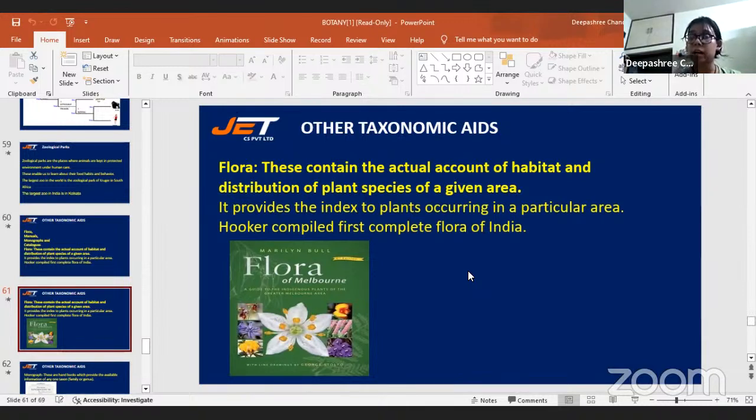Like Hooker compiled the first complete flora of India. So this is something you can see.